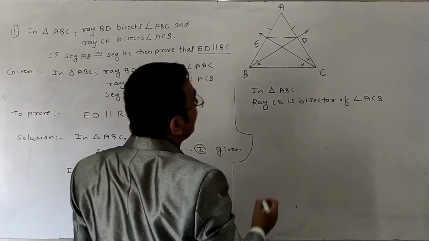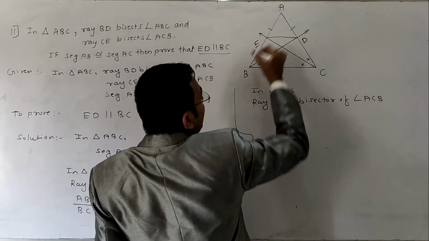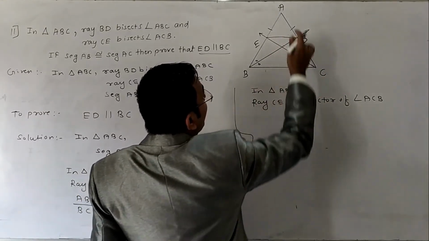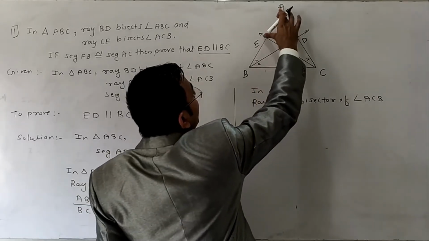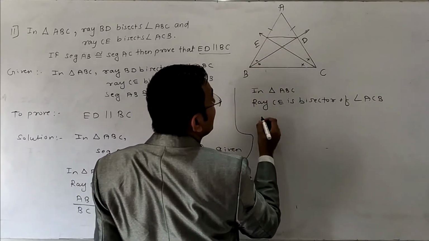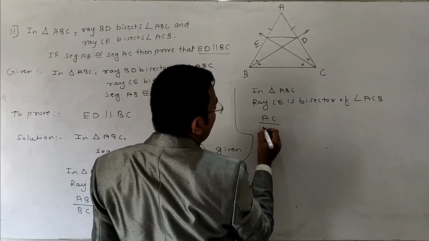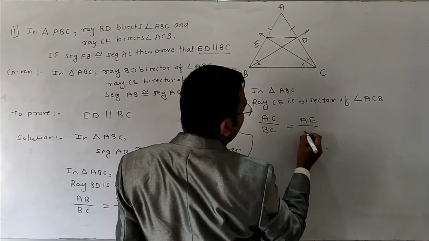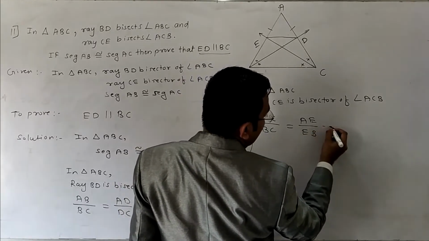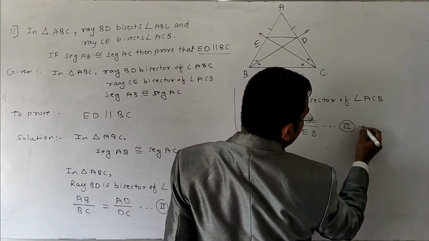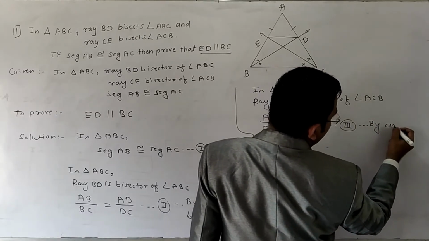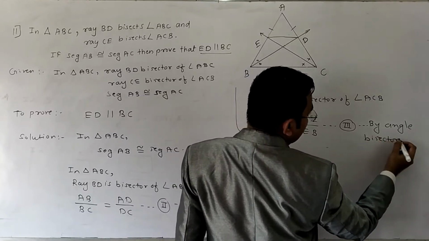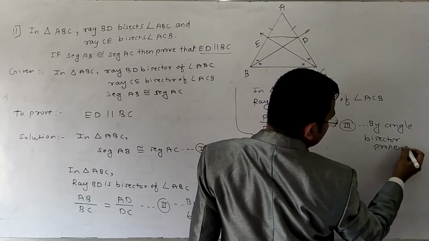So by angle bisector property, AC upon BC is equal to AE upon EB. Equation 3, by angle bisector property.